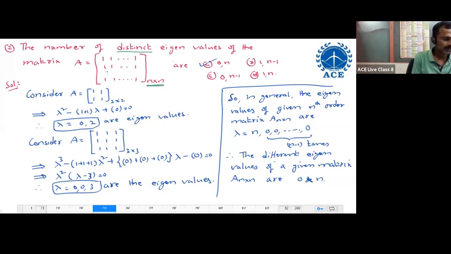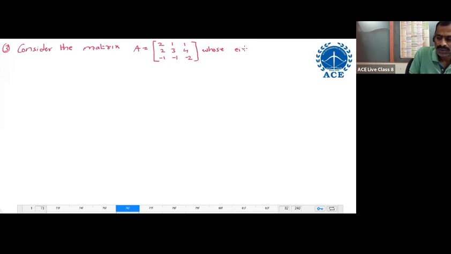Next, problem number 3. Consider the matrix A equal to the 3 by 3 matrix [2, 1, 1; 2, 3, 4; minus 1, minus 1, minus 2], whose eigenvalues are 1, minus 1, 3.